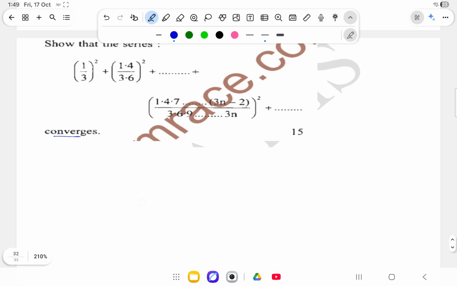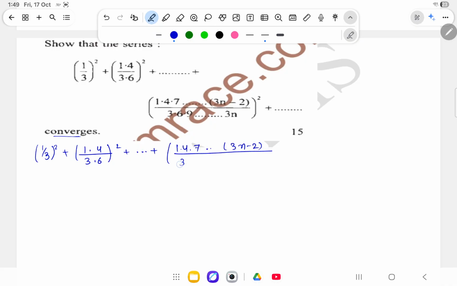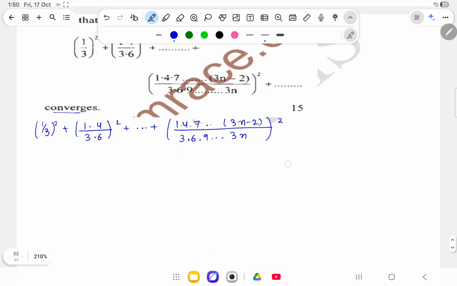So I can write my given series as 1 by 3 square plus 1 times 4 times 3 times 6 square plus 1 4 7 up to 3n minus 2 divided by 3 6 9 up till 3n square, and so on.